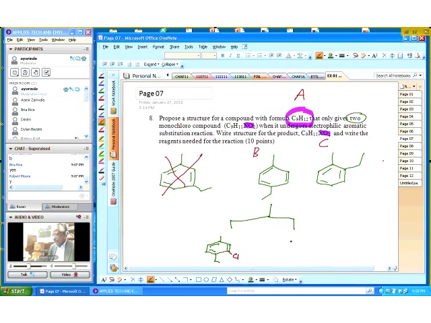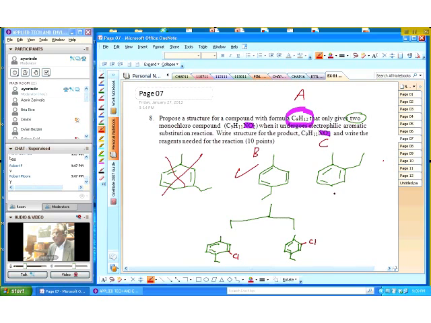And the other product will be here. Whether it is here or here, it will be the same product. So therefore, if we choose B, B will only give us 2 monochloro products. So therefore, the answer has to be B.